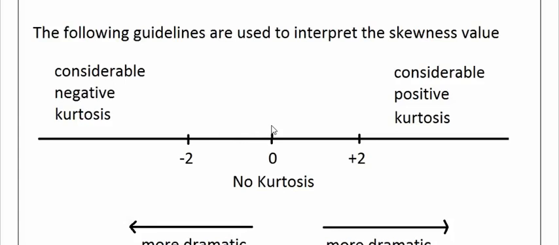And if the kurtosis comes out to a positive number, you have a positive kurtosis, meaning sharper than a normal distribution. So that bundt cake that I showed you is somewhere down at the negative end. The normal distribution is at 0, and the sharp graph I showed you is somewhere up at the right end.